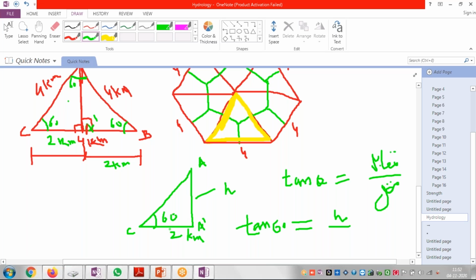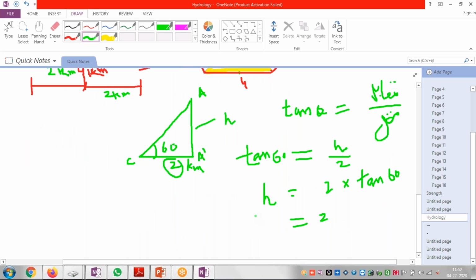So I will say this is 2. So here what would be this h value? The h value will be equal to 2 into tan 60. Can you tell me what would be the answer if you multiply tan 60 with 2?